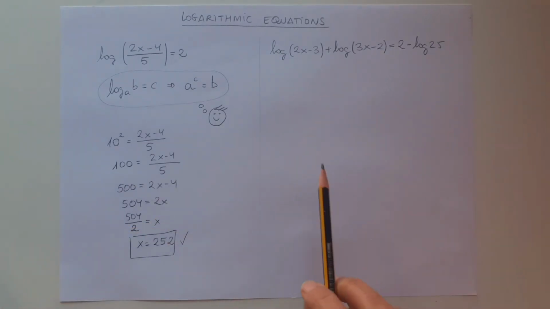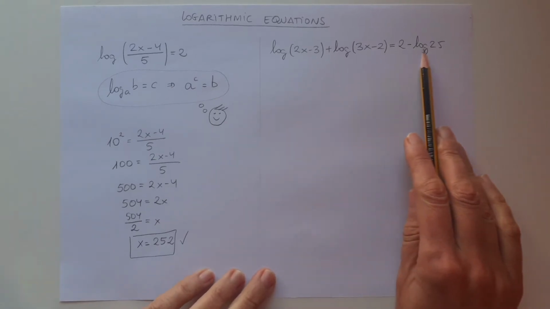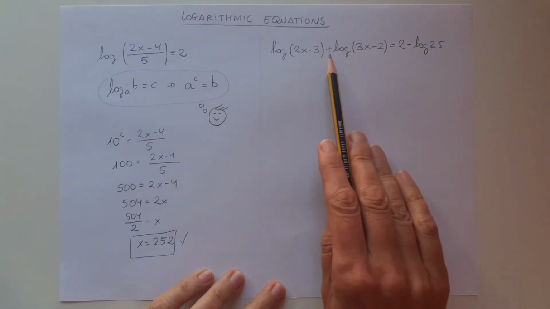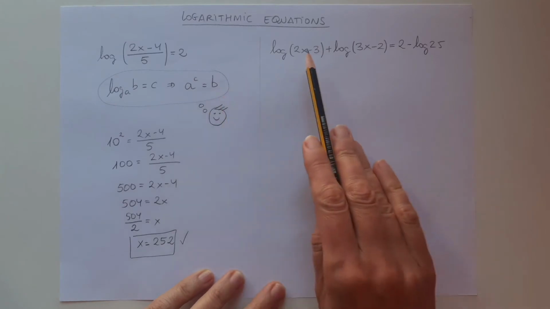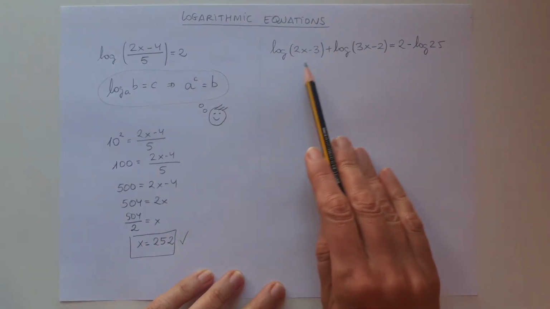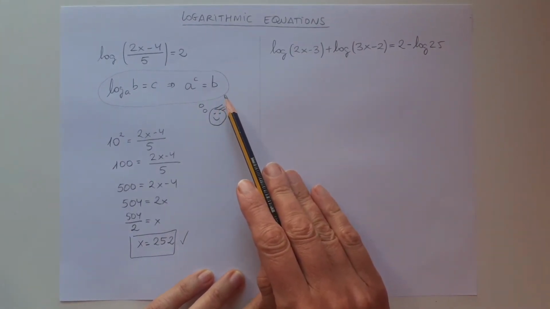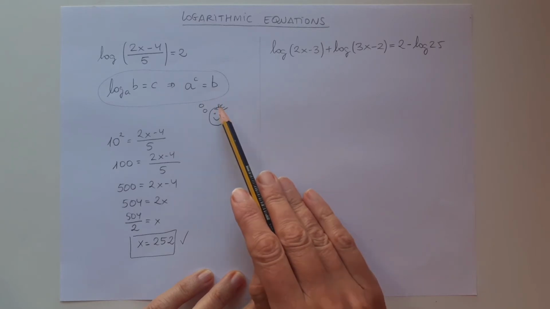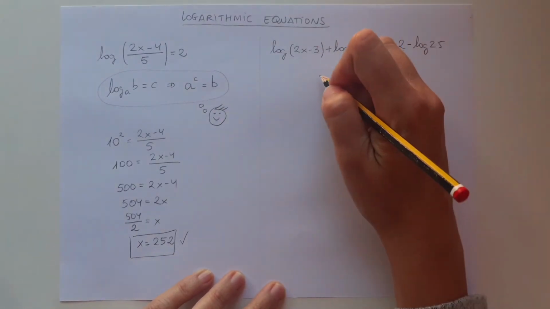Good. Now we are going to solve this different logarithmic equation. Here we cannot apply this idea because we have many logarithms, and it is not possible to use the trick we used before. So we have to think about another trick.